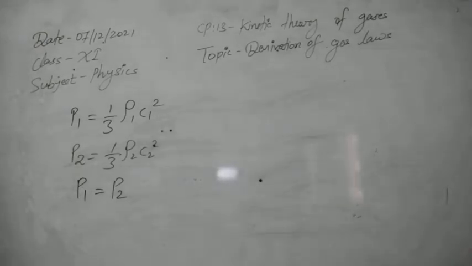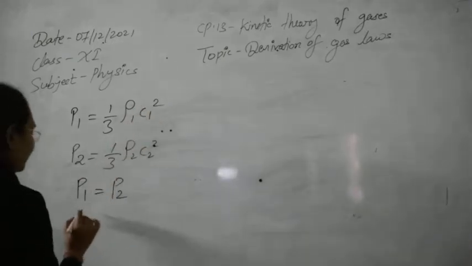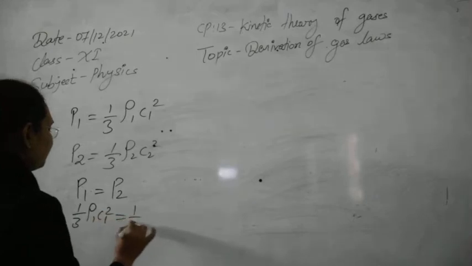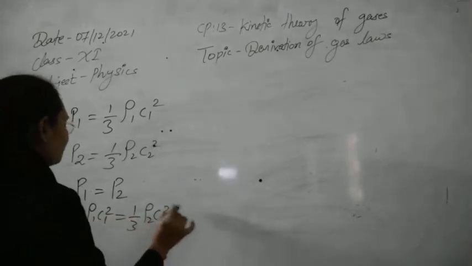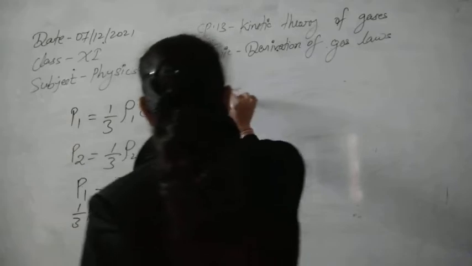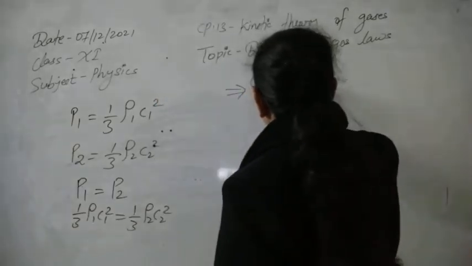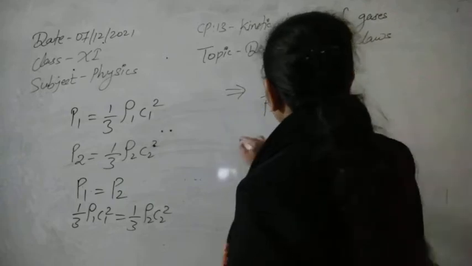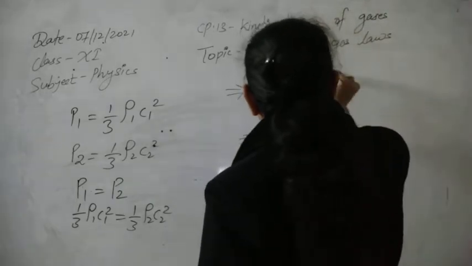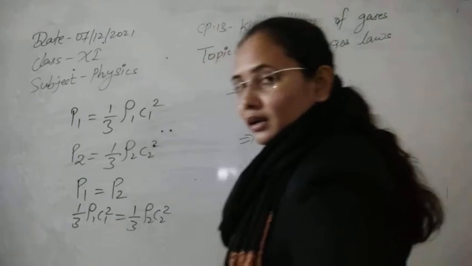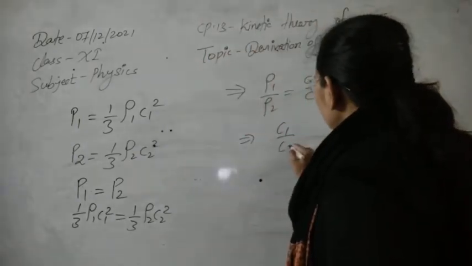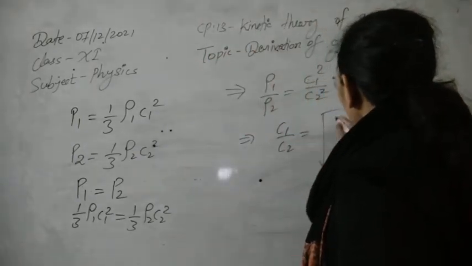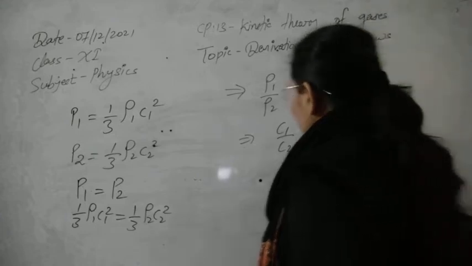So from these equations we can write 1 by 3 ρ1 C1 square is equal to 1 by 3 ρ2 C2 square. If you solve this, ρ1 upon ρ2 is equal to C2 square upon C1 square. Now from here, C1 by C2 is equal to root of ρ2 upon ρ1 from here.